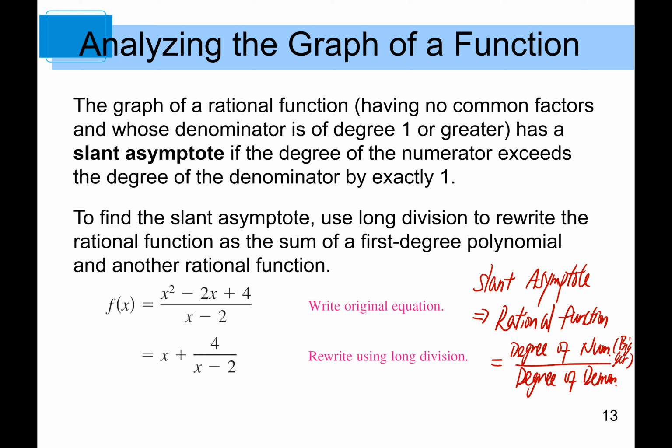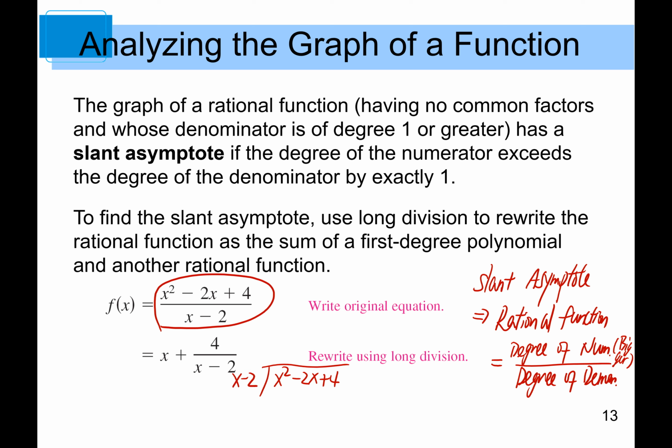Alright, that's what happens. And in order to find a slant asymptote, you gotta do the long division. So let's take a look at this example. f of x equals x squared minus 2x plus 4 over x minus 2. So when you apply the long division, x squared minus 2x plus 4 divided by x minus 2.